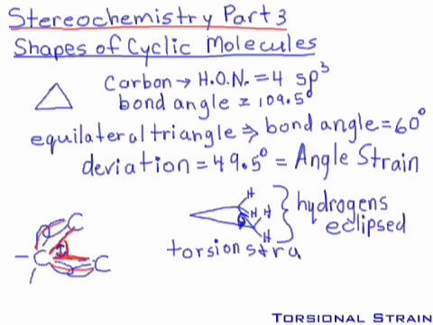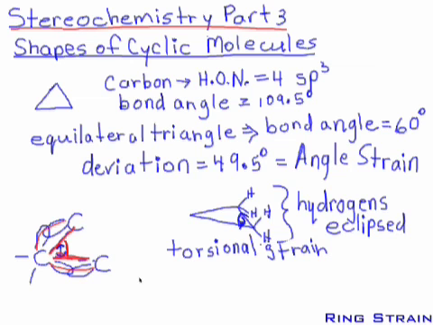So not only do we have angle strain caused by this 49.5 degree deviation, we have torsional strain, which is trying to twist the carbon-carbon bond to stagger the hydrogens. Now, because it's a three-membered ring, this cannot be done. So the torsional strain is really the strain resulting from the repulsive forces between the eclipsed hydrogens.